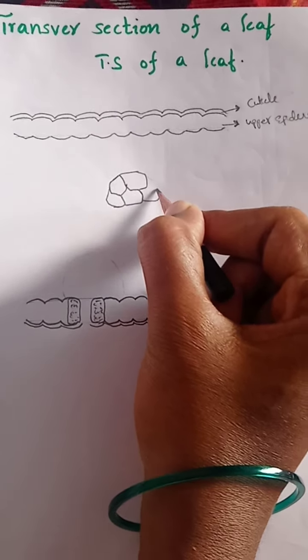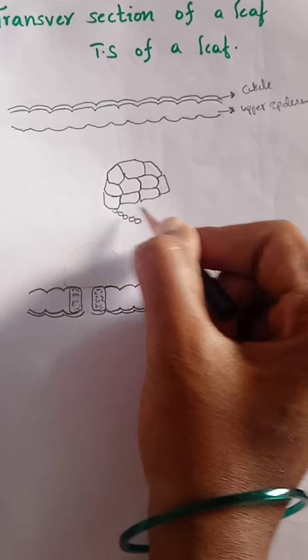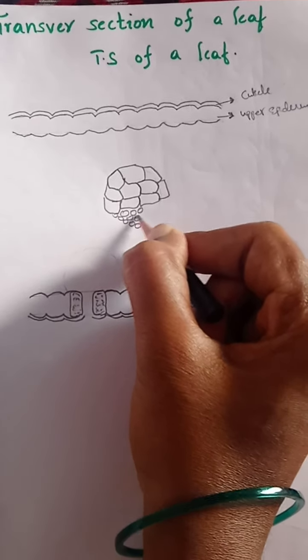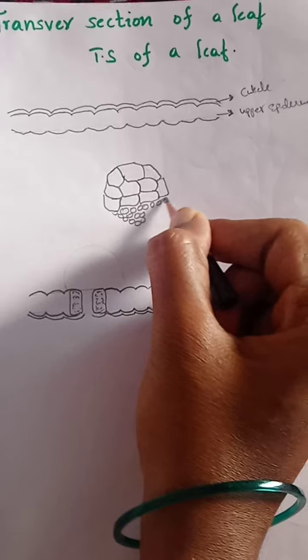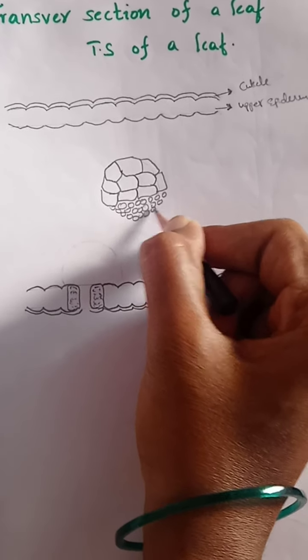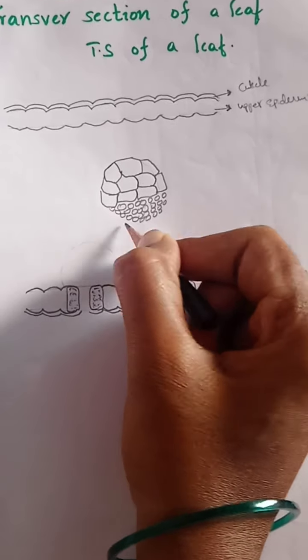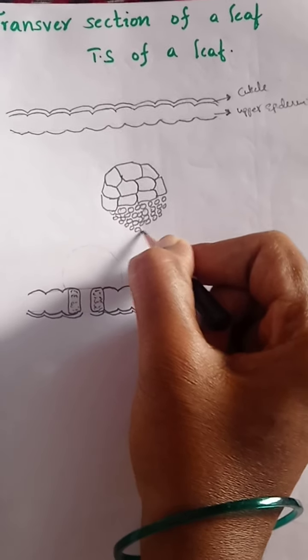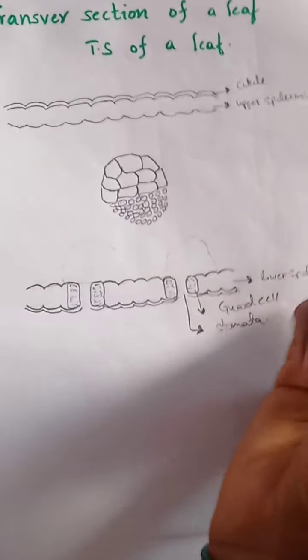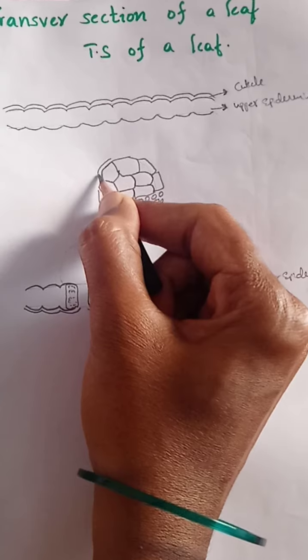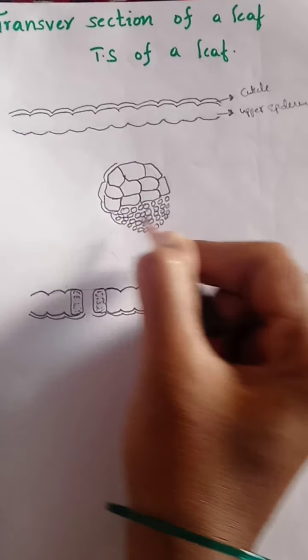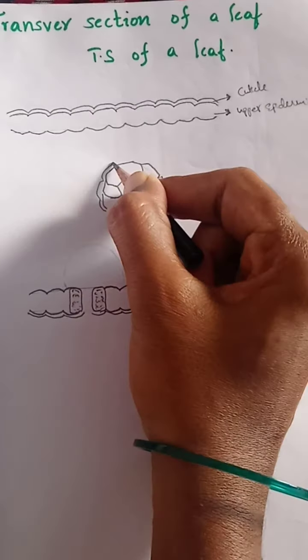Xylem. This is called xylem, sorry. Next, in this only, down we have to draw phloem. These are called phloem. It should be somewhat of a U-shaped structure. Now we have to draw the upper like this.